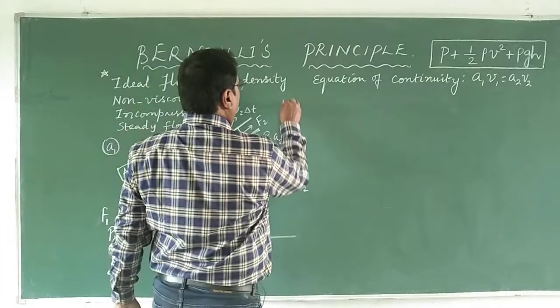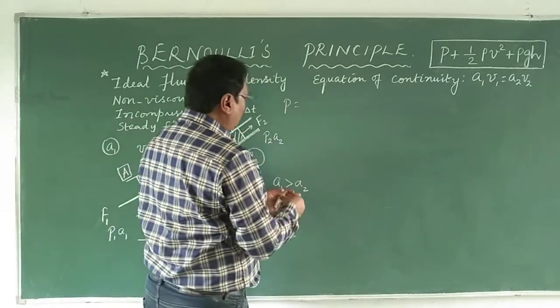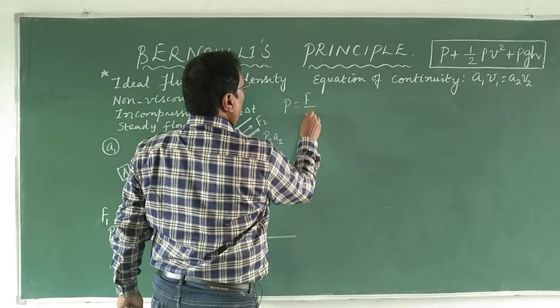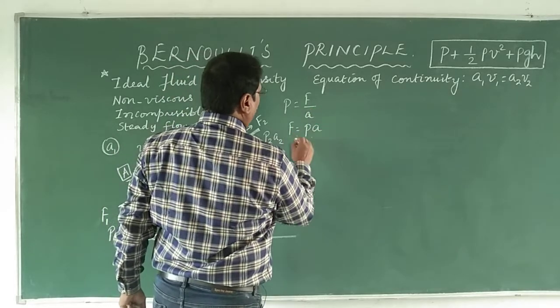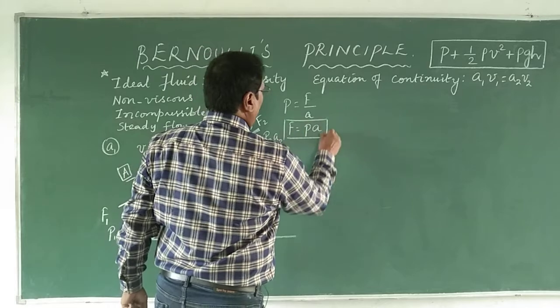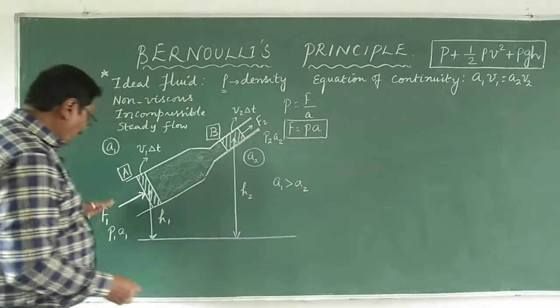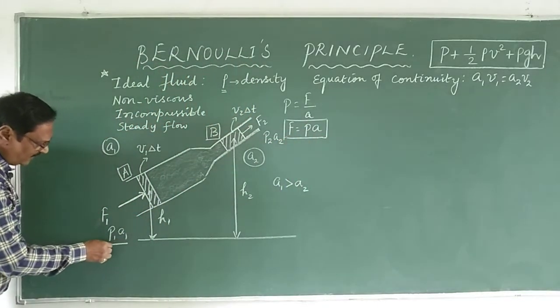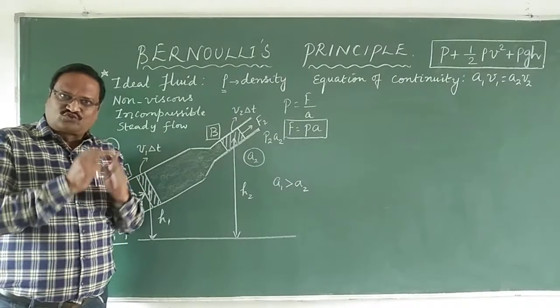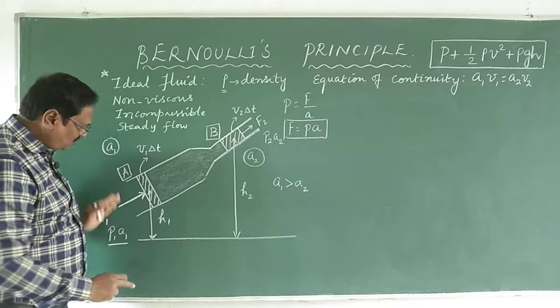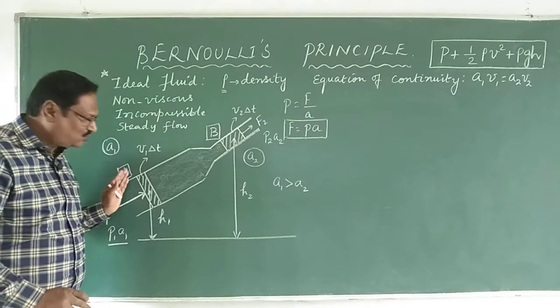We know that pressure is equal to force upon area, so force is equal to pressure into area. In this F1, the pressure is P1 at this point and the area is A1 at this end A. So P1 A1 is the force applied at this point.